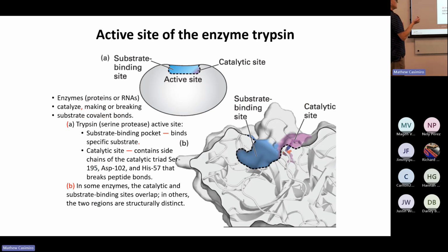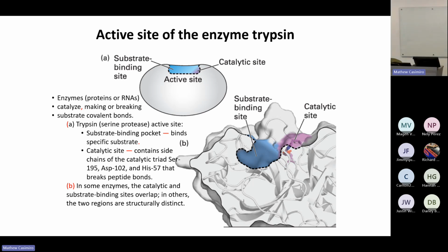We'll learn in a little bit using a model for how proteins specifically bind to their substrates. And I'm going to use a class of enzymes that are called proteases. Proteases are enzymes that degrade proteins, right?